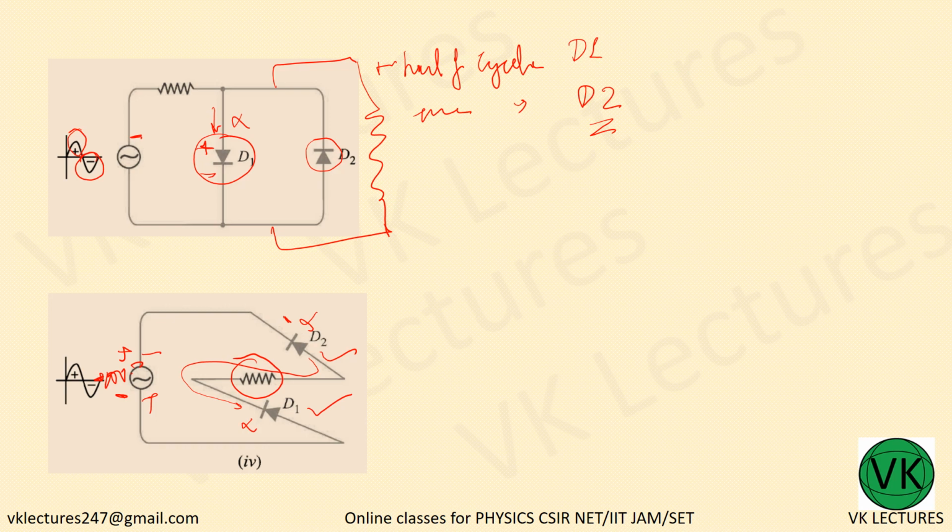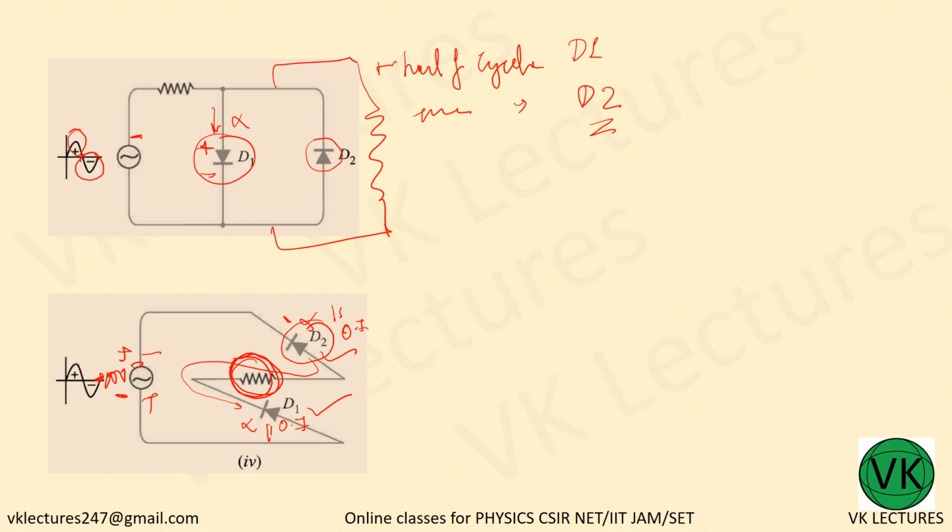Now part of the voltage is being used up by this resistance because current will flow through that resistance. Part of this is being used up. Then when you reach here also, the diode will be having some voltage. This diode also will be having some voltage. Let us assume this is 0.7 volt, 0.7 volt.